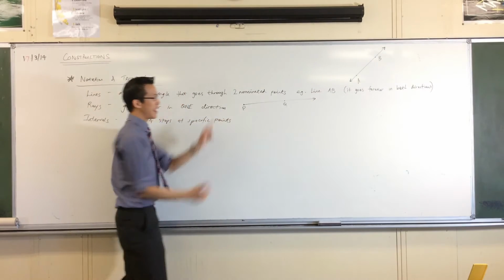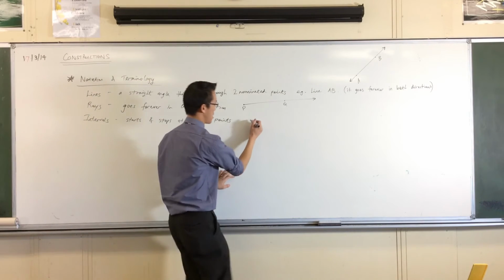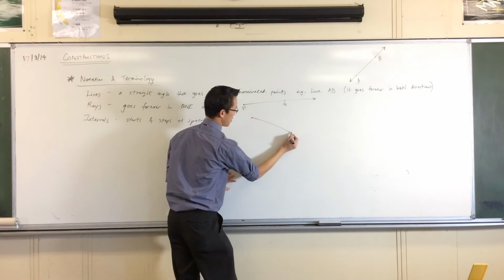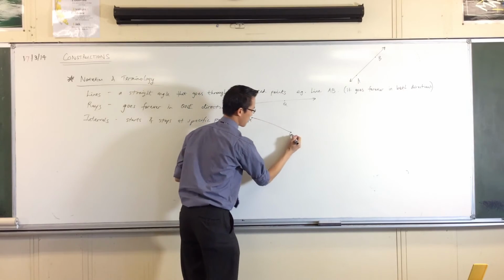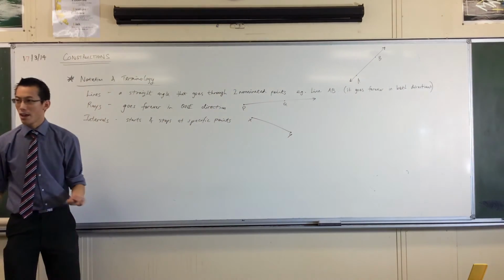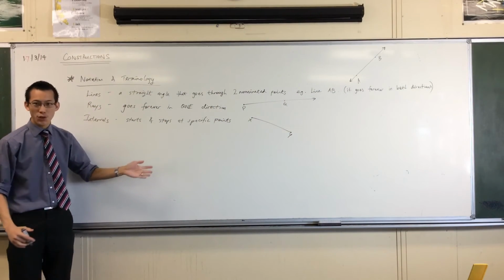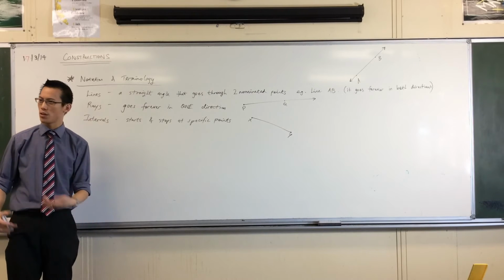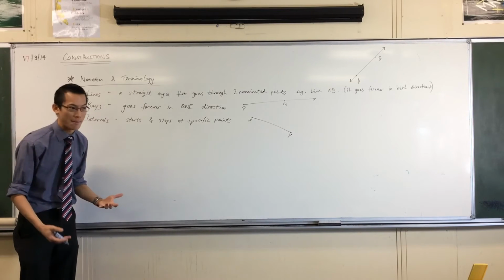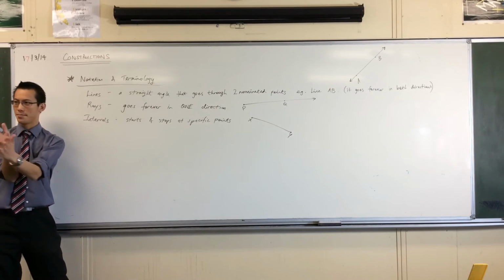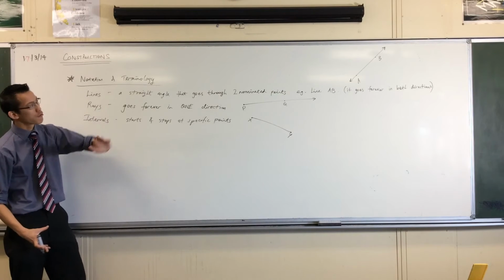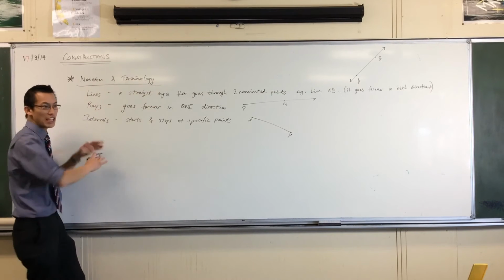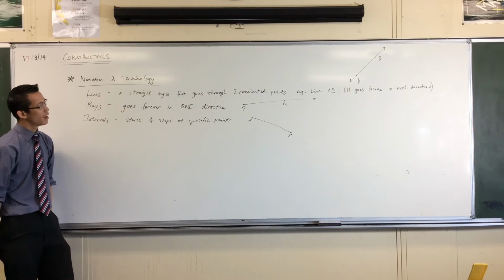So I had A, B, P, Q. Let's make this X, Y. An interval is like an interval of time. It means it's limited. It's got a length. Rays and lines don't have length because they go forever. You could never measure it.